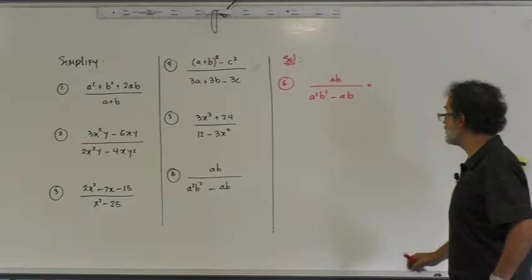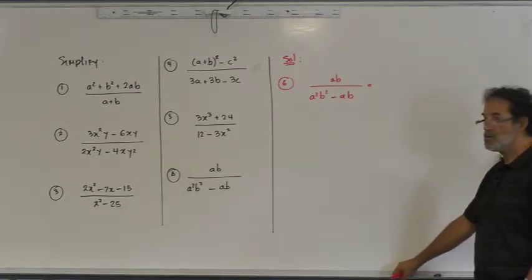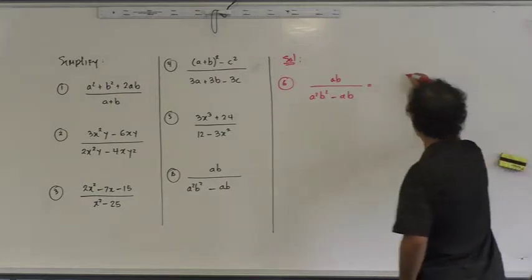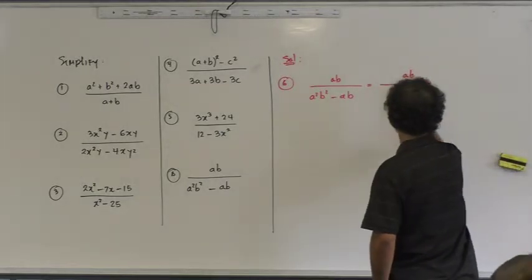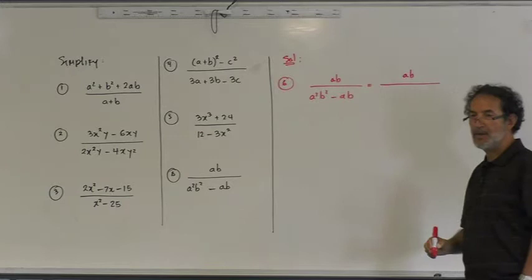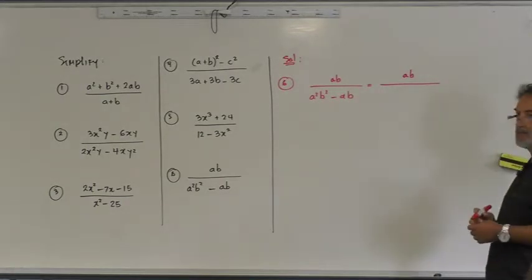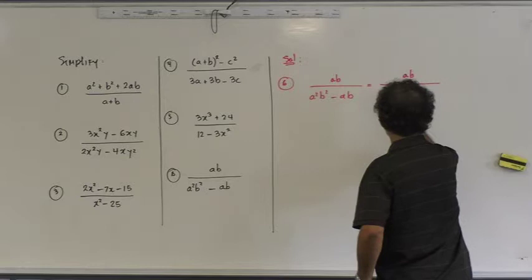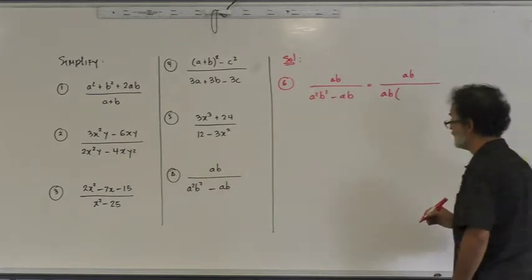So we cannot simplify the numerator anymore, but we can simplify the denominator. So we're going to say AB. Sarah, what is the common factor from the bottom line? AB. And then what is left?